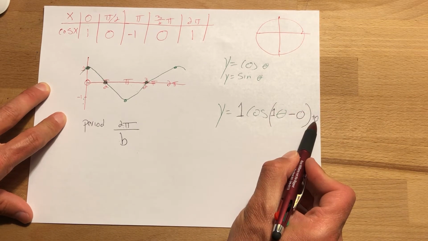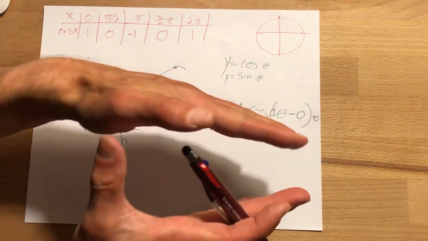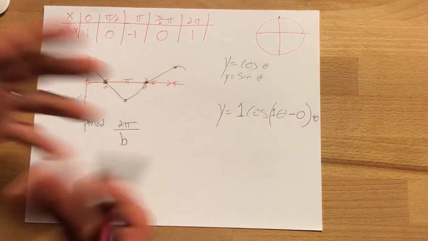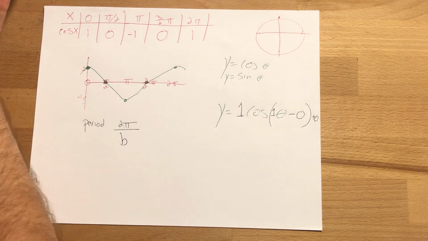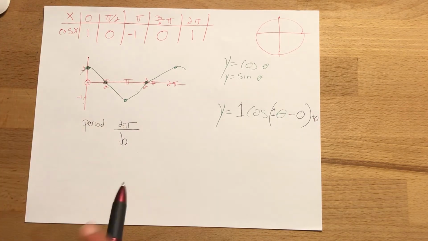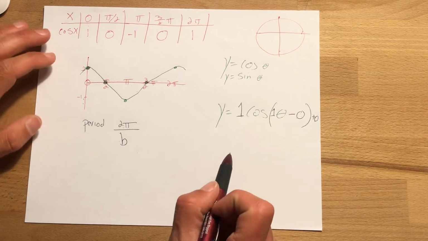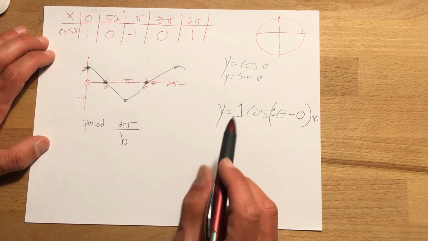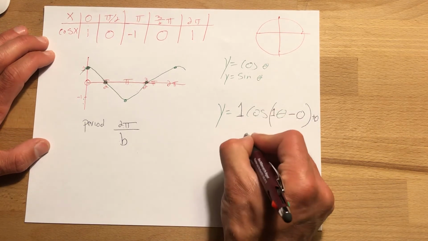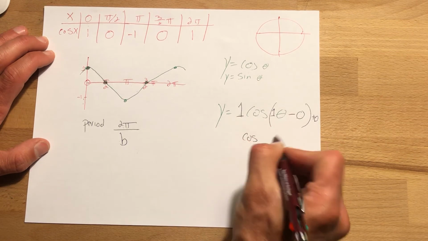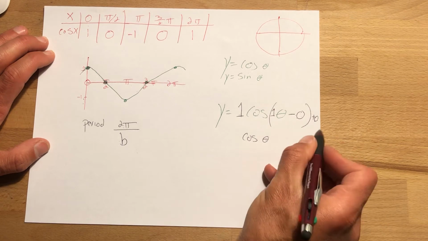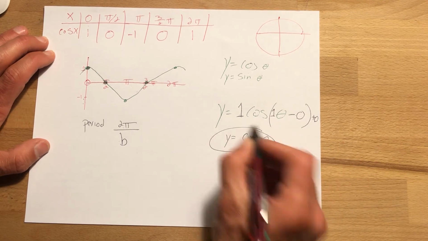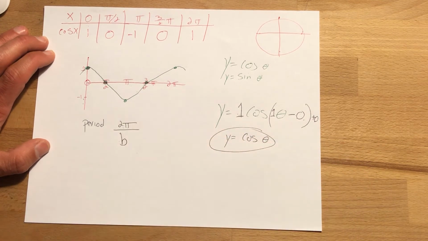The 0 up here tells you how much you move the whole graph up or down, just like graphing any type of function. But we're going to relate this to these specific graphs now. So look, 1 times cosine is just cosine. 1 times theta is just theta. Theta minus nothing is just theta. Plus nothing, that's how you get this. But all of these invisible numbers are in here.